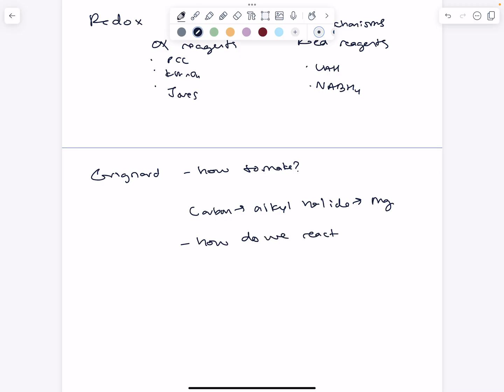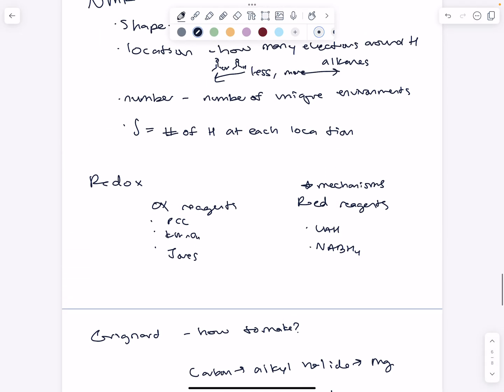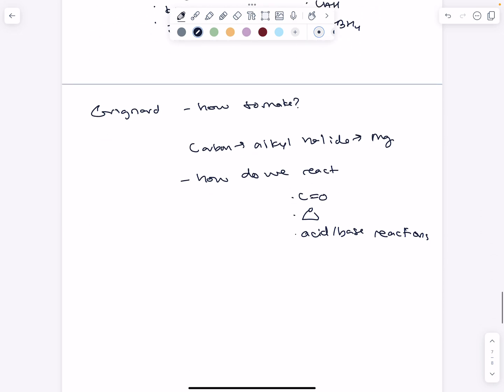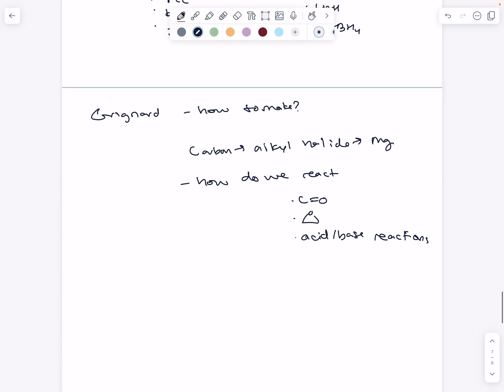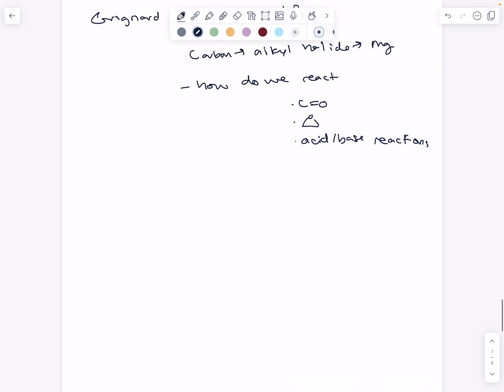We've seen them react with carbonyl groups, with epoxides, and in acid-base reactions. I know that doesn't seem like a lot, but that's pretty much all that we've learned. It takes a lot to think about every one of these little details and get used to doing it.